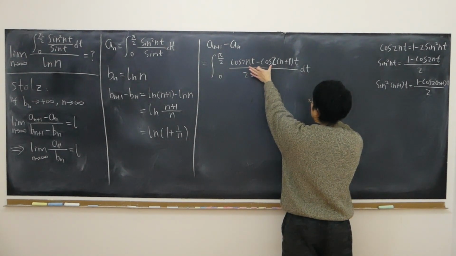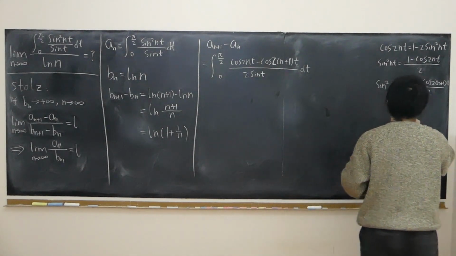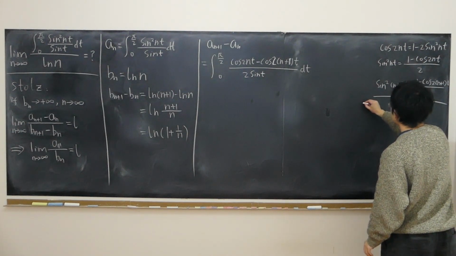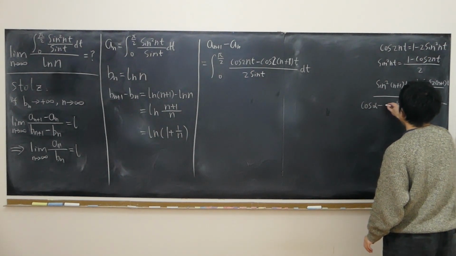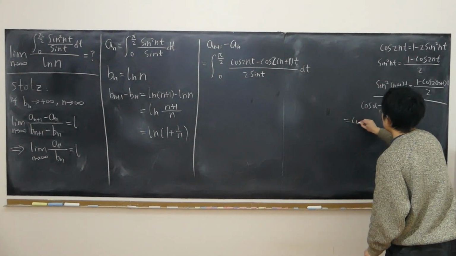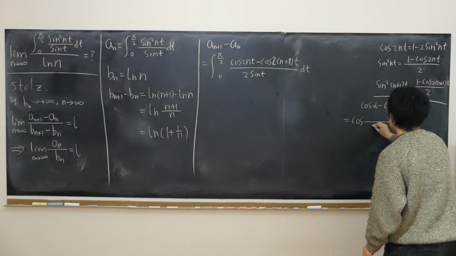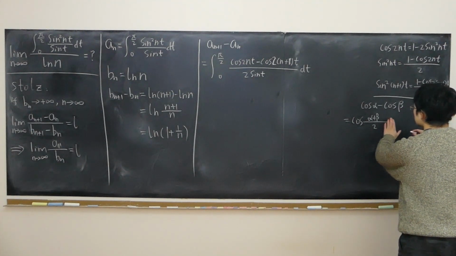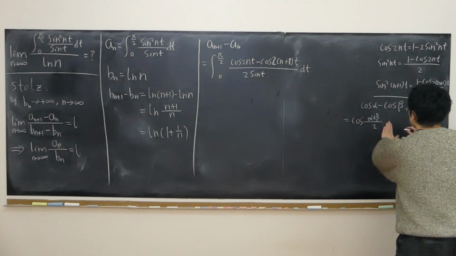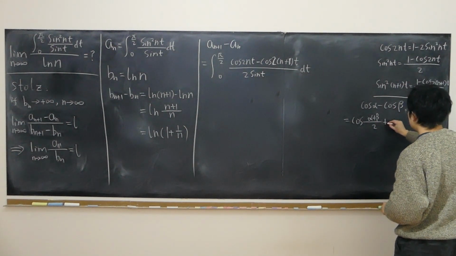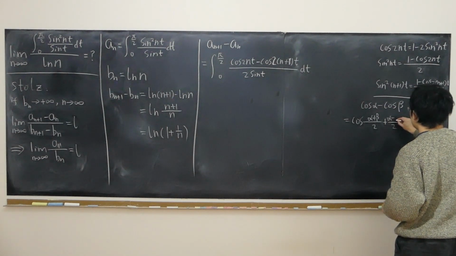Change the trig difference into a trig product. There is an identity, so let's recall that. First of all, cosine alpha minus cosine beta is equal to cosine of half of alpha plus beta plus half of alpha minus beta, where alpha can be written as half of alpha plus beta plus half of alpha minus beta.